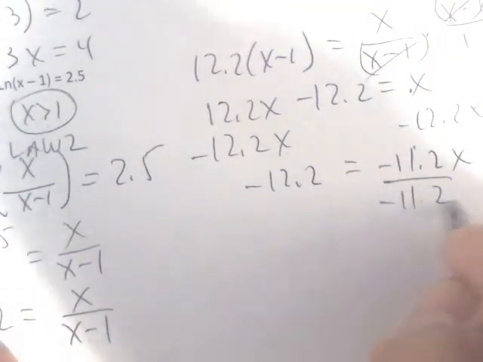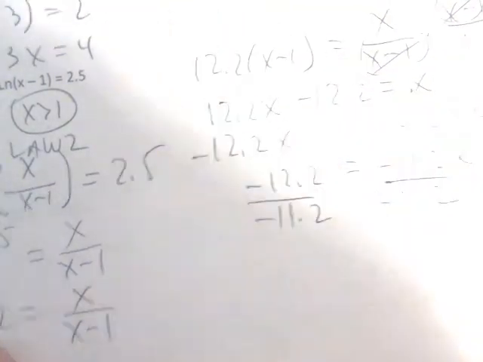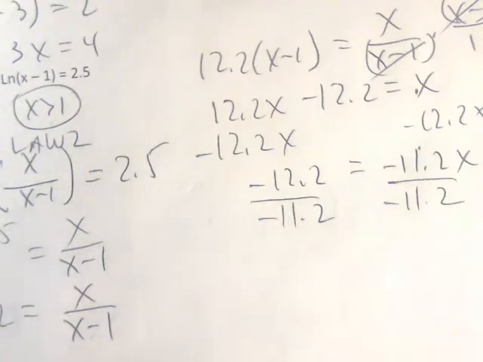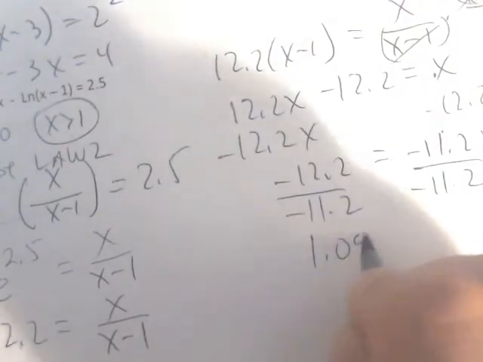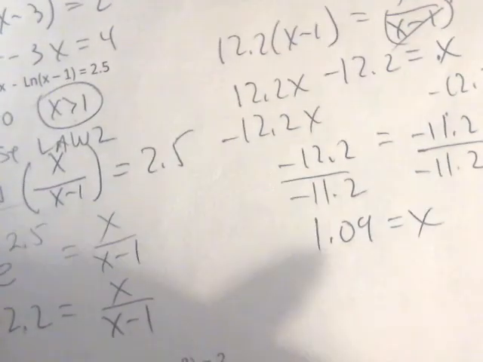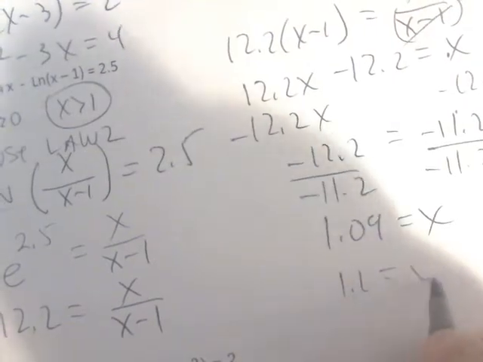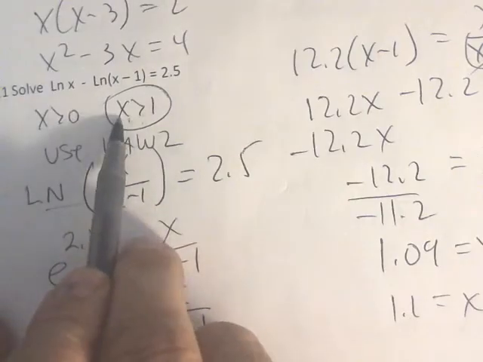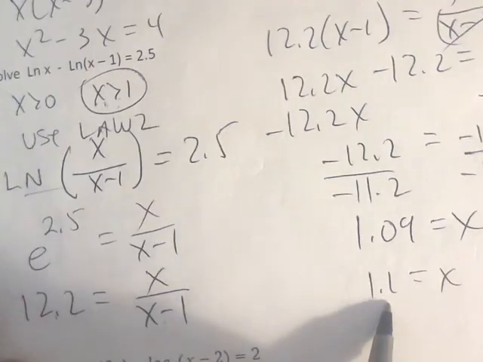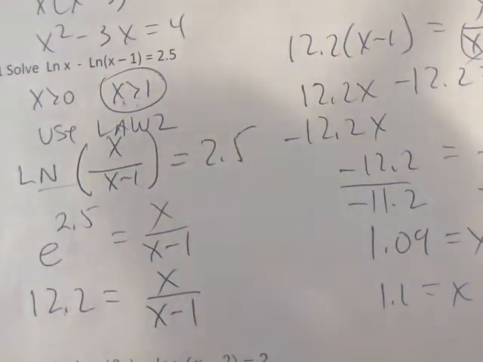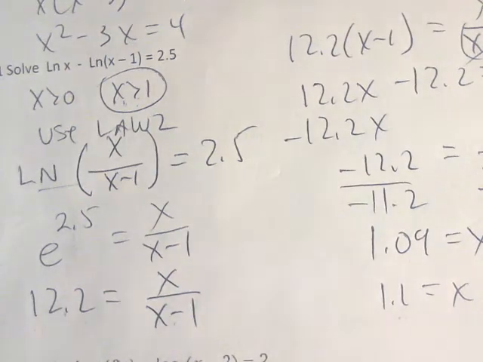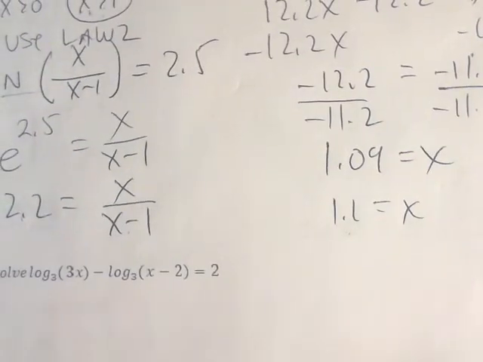Divide both sides by negative 11.2. And I get 1.09 equals x. Now if we round that, it's still bigger than 1, so my solution is fine. So with these, sometimes you're going to get decimals, sometimes you won't. Don't let that scare you or intimidate you. Just follow your process.